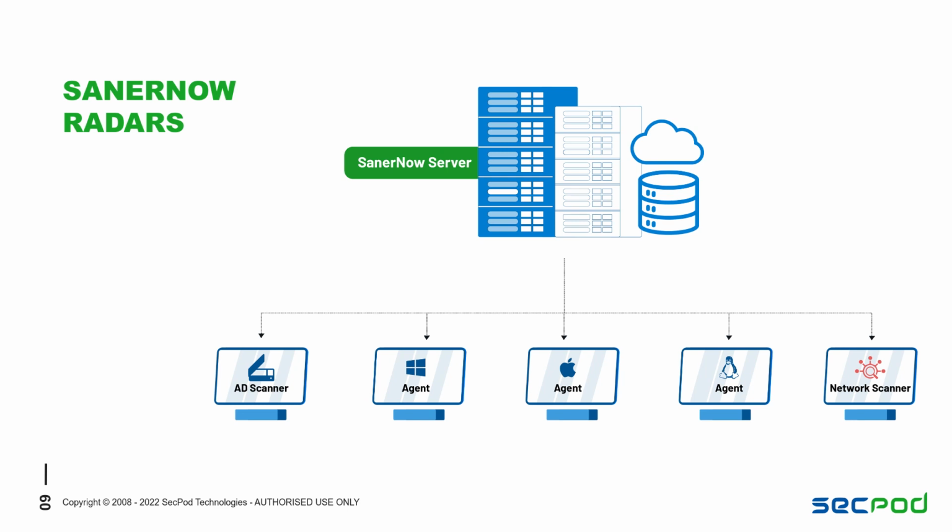We have the capability of turning one of the agents into a network scanner. You don't need a box, you don't need an extra piece of hardware running in your organization. You can use this as a network scanner in itself. The agent does its own scanning and also identifies all the network devices. It does a discovery, then it does the port scanning and vulnerability scanning that is required.